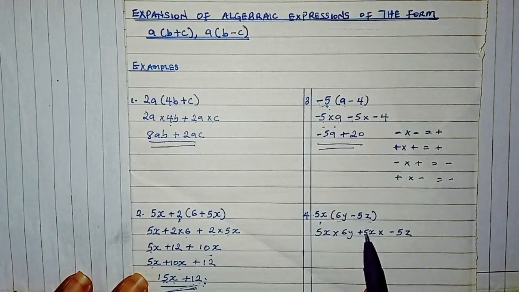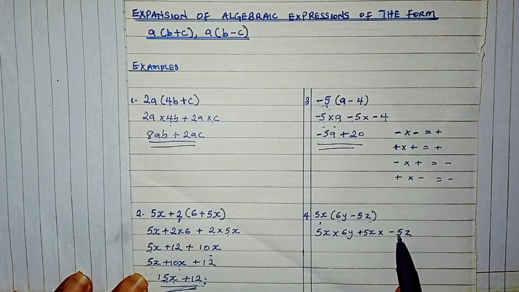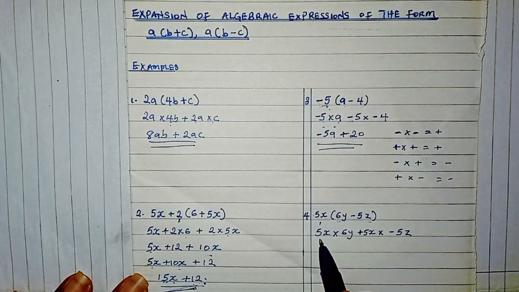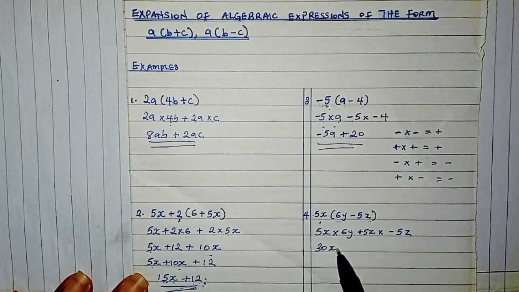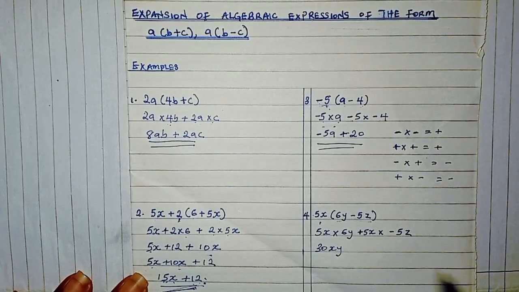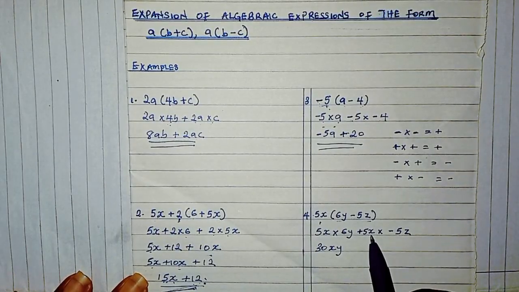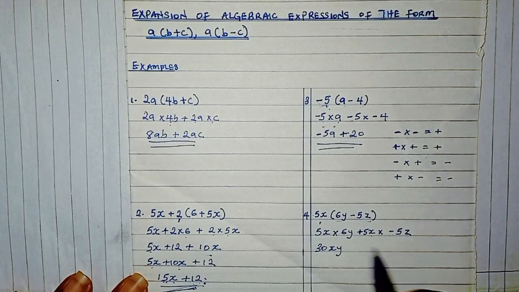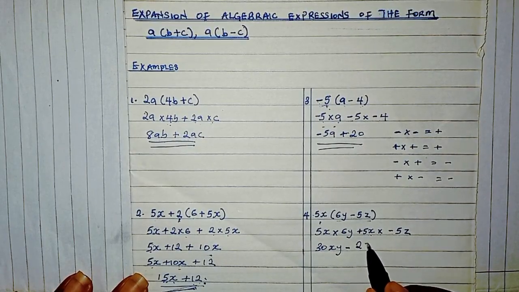That's why we're having plus. Then we are multiplying it by minus 5z. So 5x times 6y will give us 30xy. Now, plus 5x times minus 5z will give us minus 25xz.